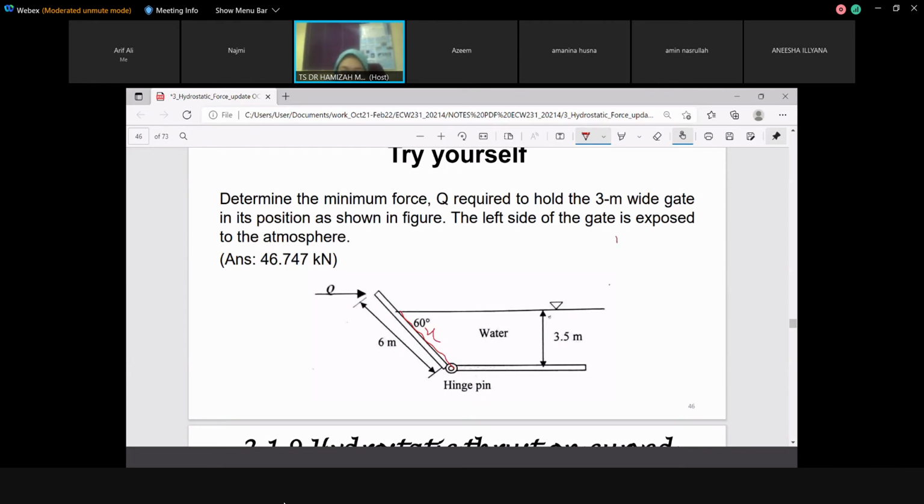So, you have X. Here is 3.5. Here is 60. So, what is the X? Berapa nilai X?